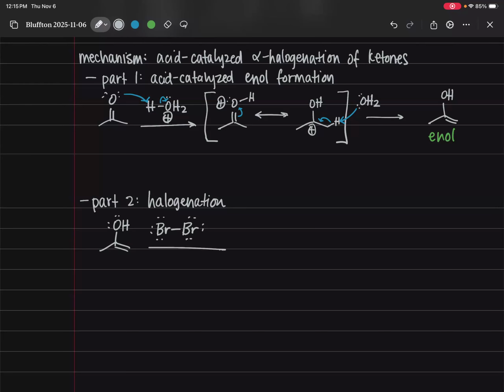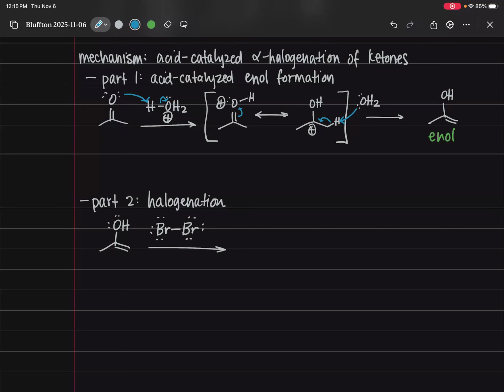So it looks like that. And I said that the enol or the enolate, either one, is nucleophilic at the alpha carbon right there. It doesn't really look like it, but that's a nucleophilic site.